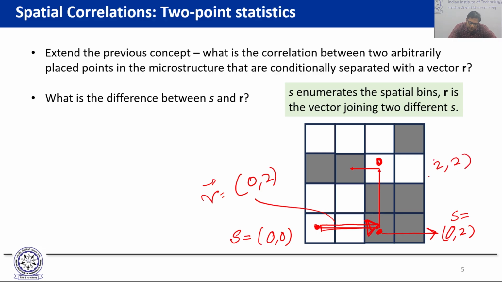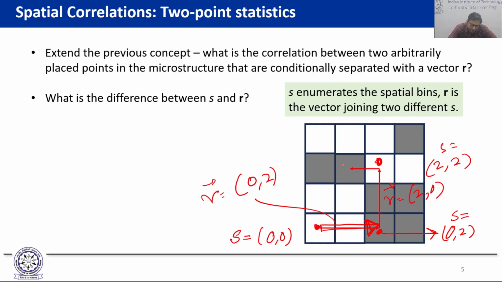Now if I move in a perpendicular direction upward, I move to a cell which is essentially a 2, 2 cell. So the value of S over here is going to be 2, 2. And then if I look at the value of R in this case, the value of R here is going to be 2, 0. So 2 units in the Y direction and 0 units in the X direction.